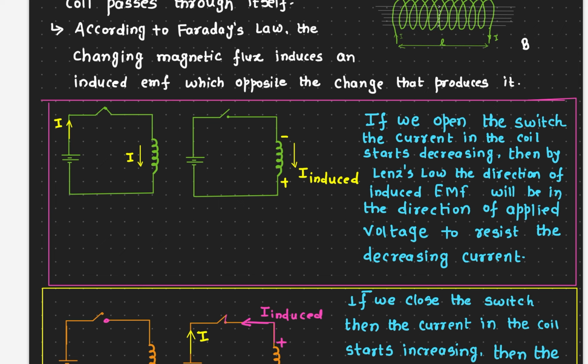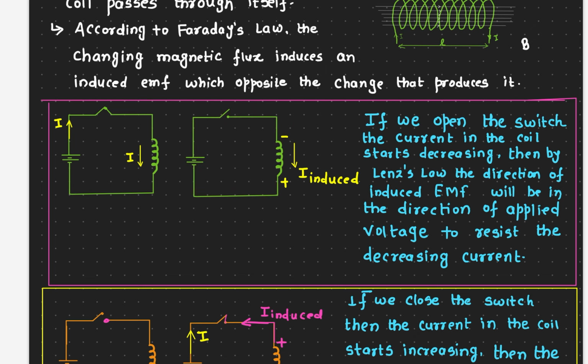It would like to keep the magnetic field up because the magnetic field is now decreasing. So the induced current will be in this direction. So this terminal will have negative polarity, and this terminal will have positive polarity, and that's the reason we have the induced current in this direction here.